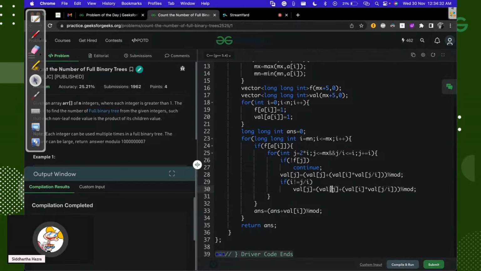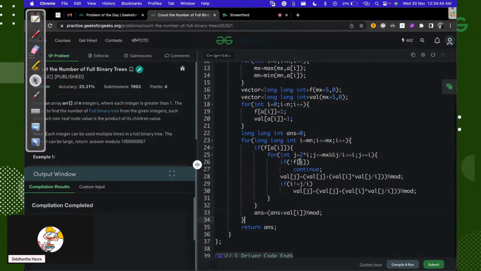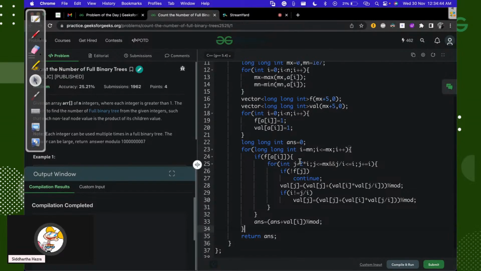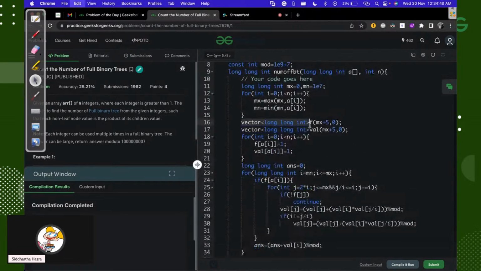Can anyone spot the issue quickly? Do we have the issue in this?